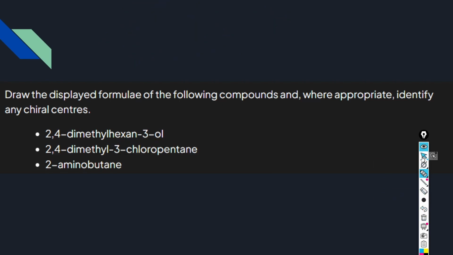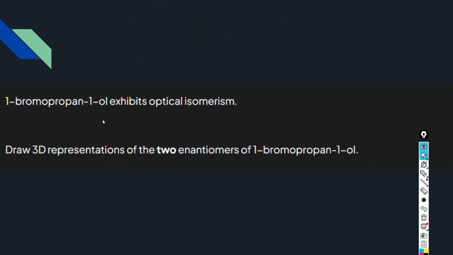Now let's just move on to the final question, which is 1-bromopropan-1-ol exhibits optical isomerism. Draw 3 representations of the 2 enantiomers of 1-bromopropan-1-ol. So firstly, let's draw the diagram of what this would look like.